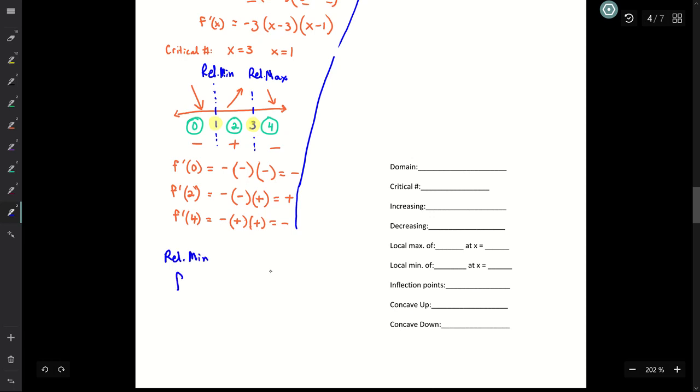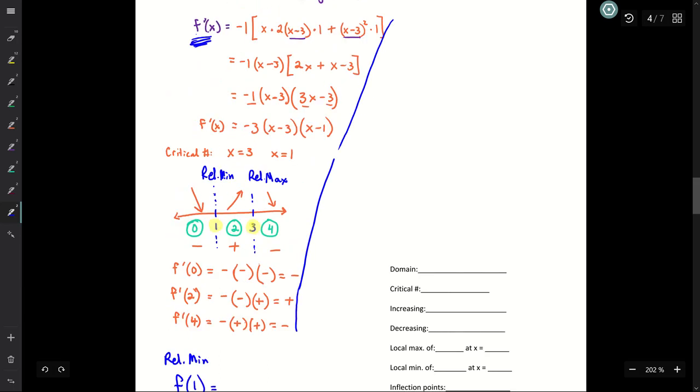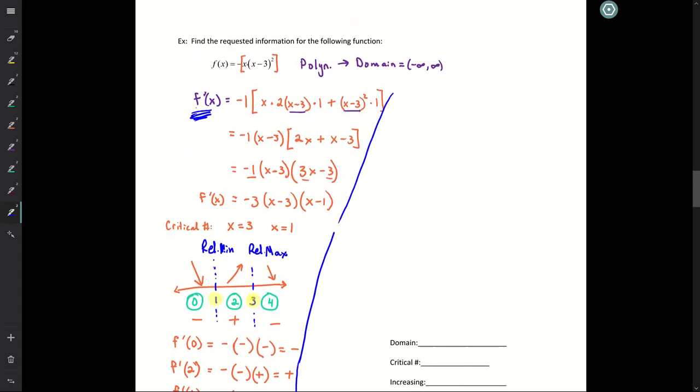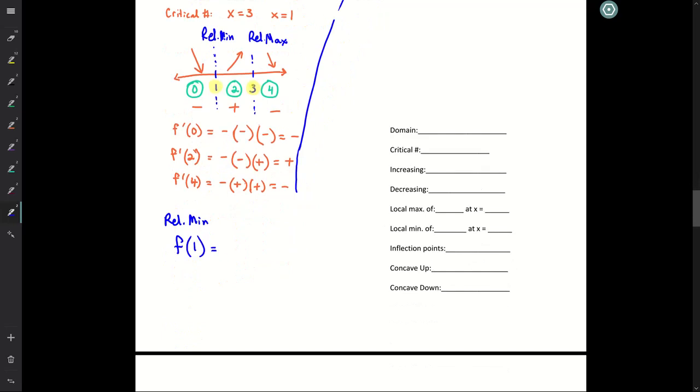Okay, so for my relative min, I want to evaluate f at 1. The original function back here, remember, was negative x multiplied by x minus 3 all squared. So in this case, it's negative 1 multiplied by, not x, but 1 minus 3 all squared.